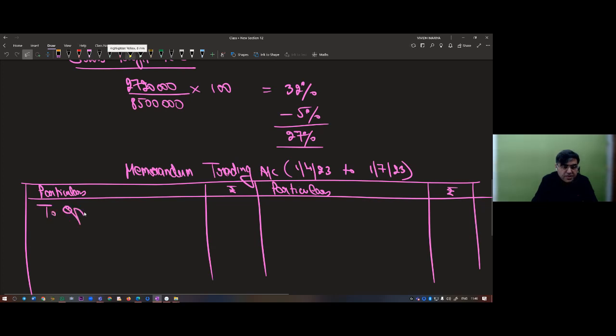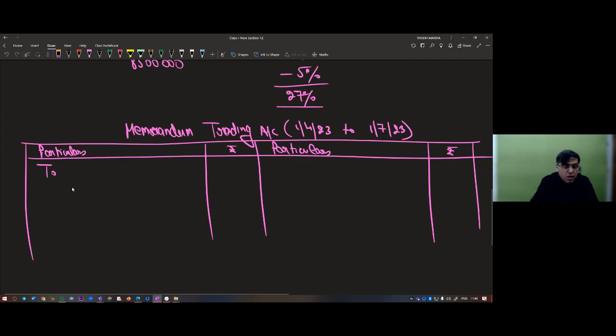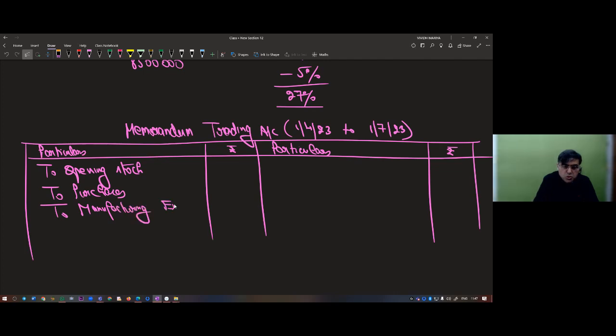To opening stock, to purchases, to manufacturing expenses, to gross profit.